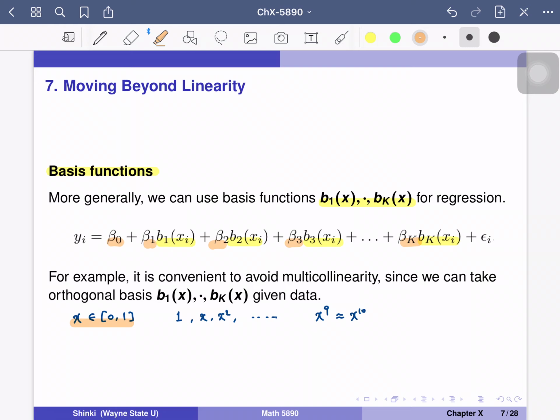So in this case, rather than using just polynomials, we can use an orthogonal basis. An example of an orthogonal basis is two sine functions.